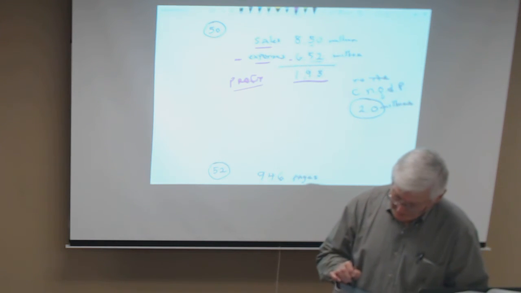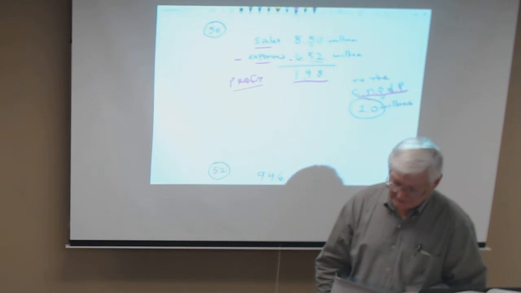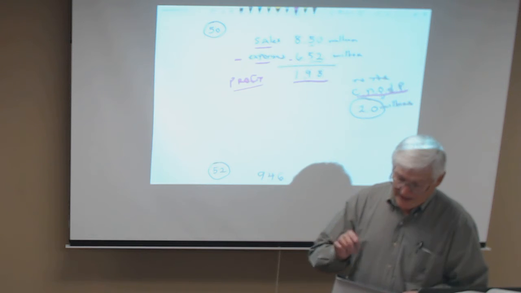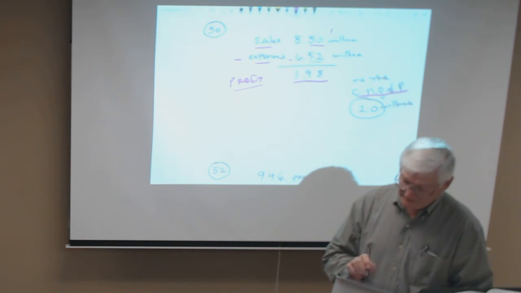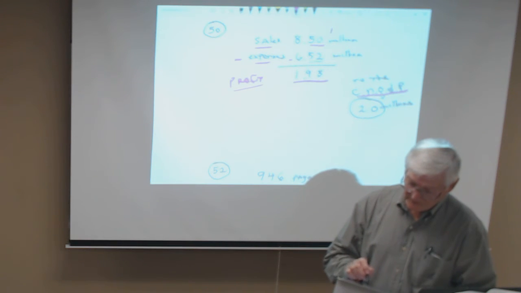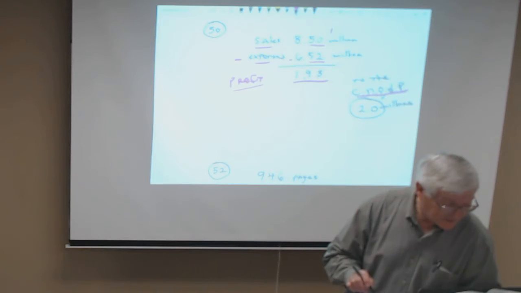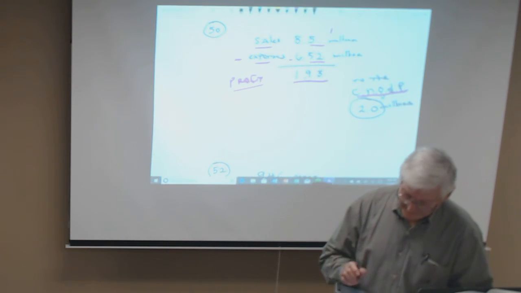But look what it says for problem 50: to the correct number of decimal places. How many decimal places in this number? 2. I'm sorry, 1. How many decimal places in this number? 2. Why did you say that? Because in the book it said 8.5.